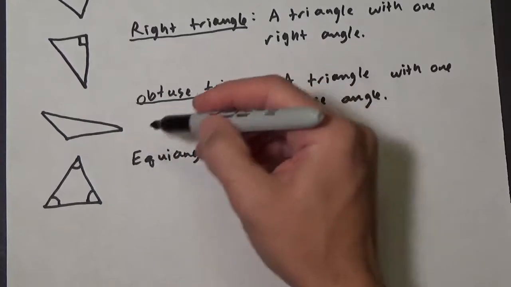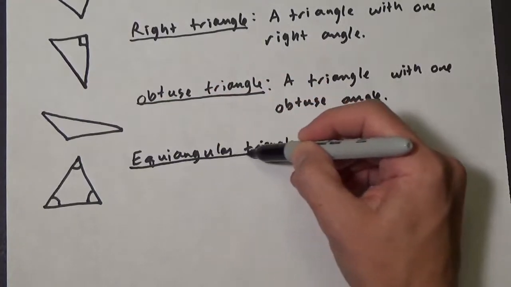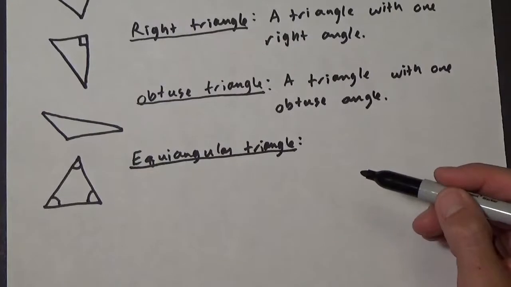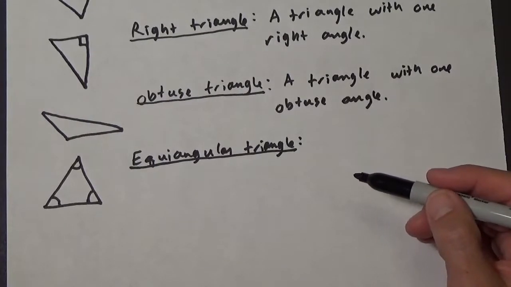This is just a special case. So an equiangular triangle is a triangle with three congruent angles.